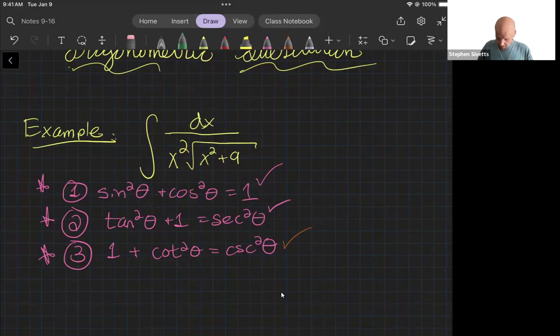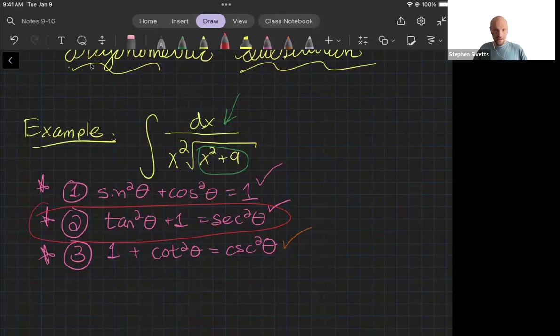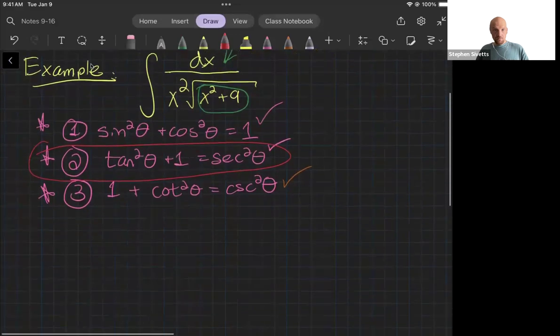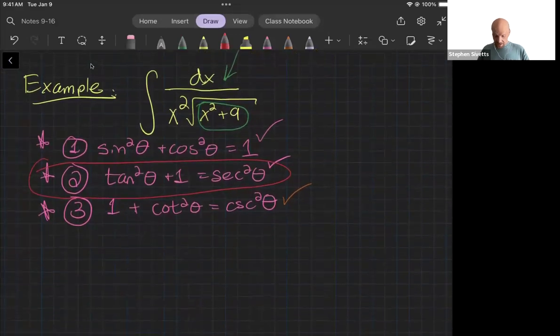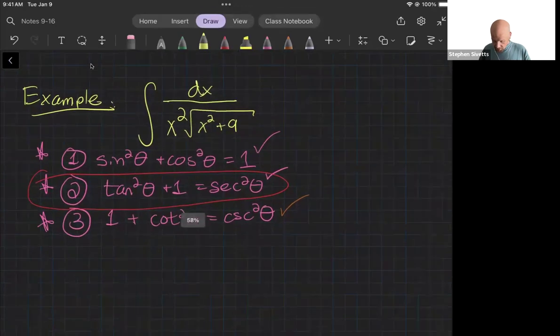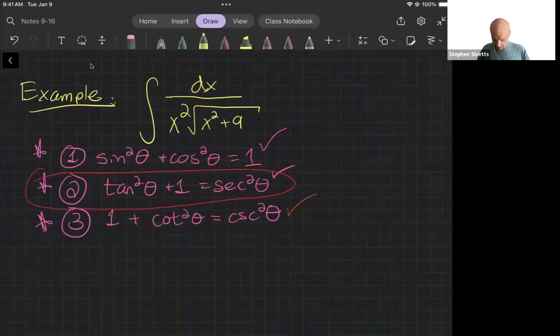So what we notice in this example is that we want to look at the quantity inside our square root, x squared plus 9. Well, it looks oddly similar to the second trig identity. So we're going to use this second trig identity to convert the integral in terms of x into an integral in terms of theta.